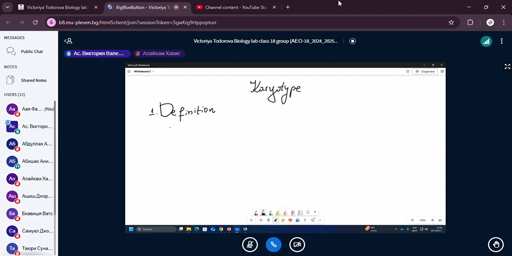And we discussed that in a normal human karyotype there are 46 chromosomes, and the object of observation is these 46 chromosomes.